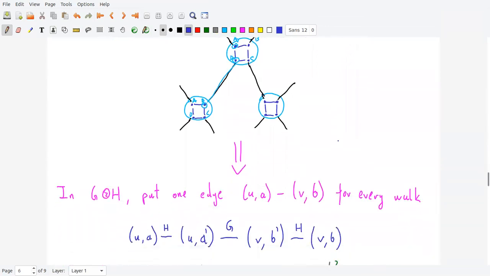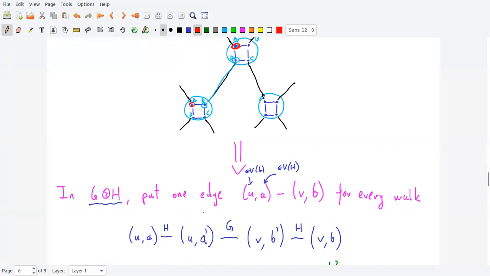So now we make it a zigzag product. In the zigzag product, we will put one edge between, say, a vertex UA and VB, where U is a vertex from G and A is a vertex from H, whenever I have a walk of length 3 of the following kind. So for instance, on this picture, there would be an edge between this vertex and that vertex.